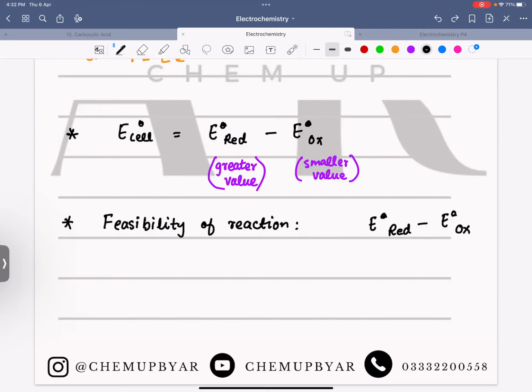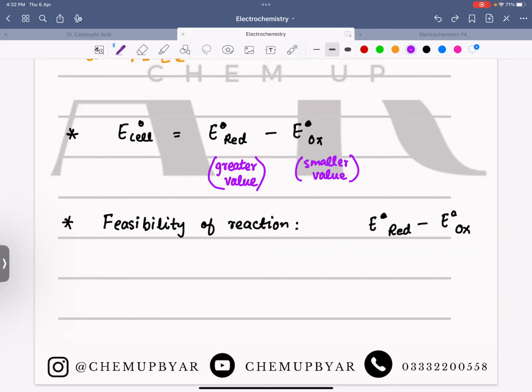But when it comes to the feasibility of a reaction, we do the same thing: subtract E reduction minus E oxidation. But here we don't choose on our own.